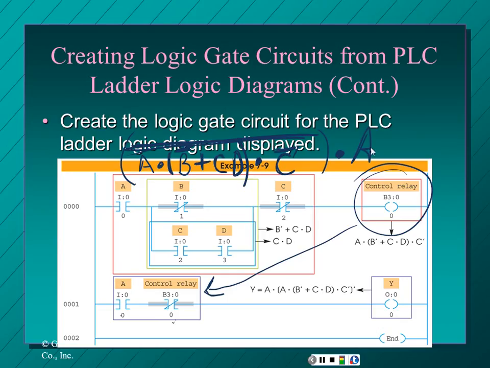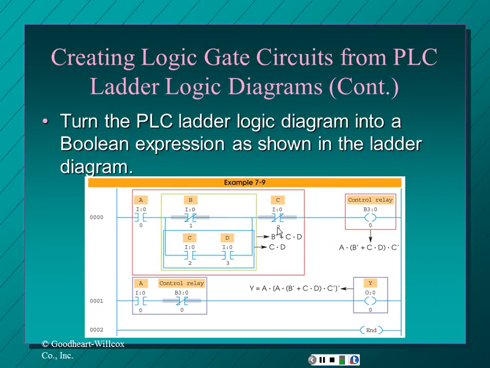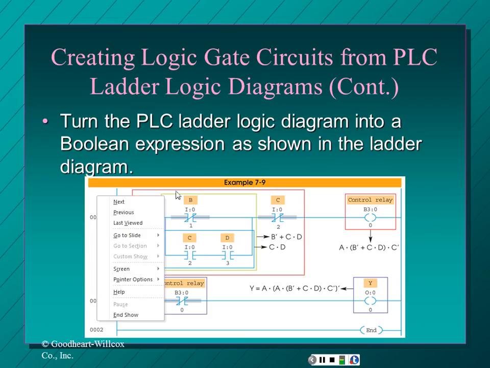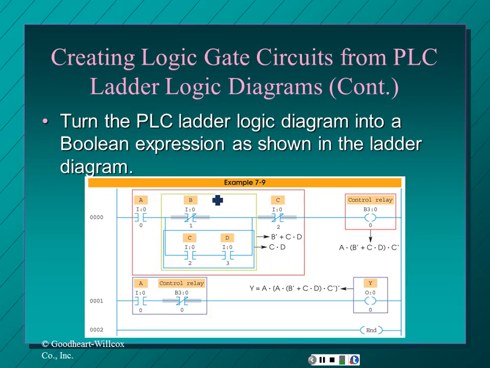Now, if I were drawing this, I would draw it in a logic gate circuit. I wish they'd keep that on the board and have the other. I would draw this on the logic gate circuit exactly as it has it with the control relay, and I'll show you what I mean.